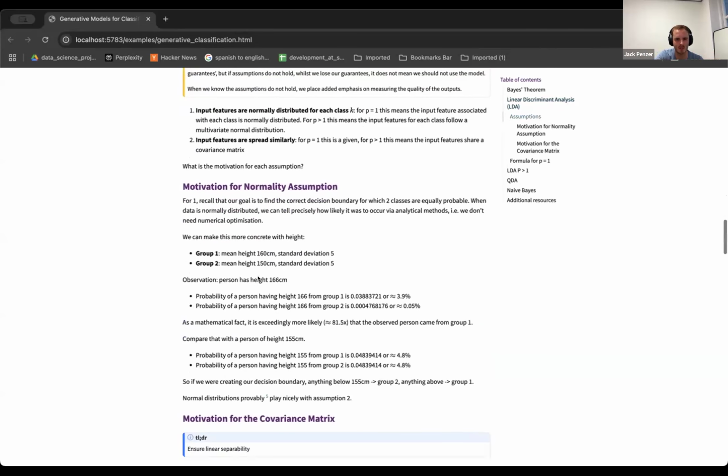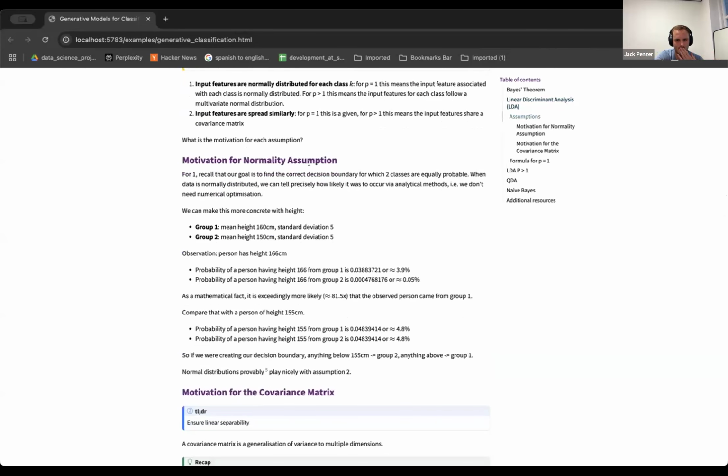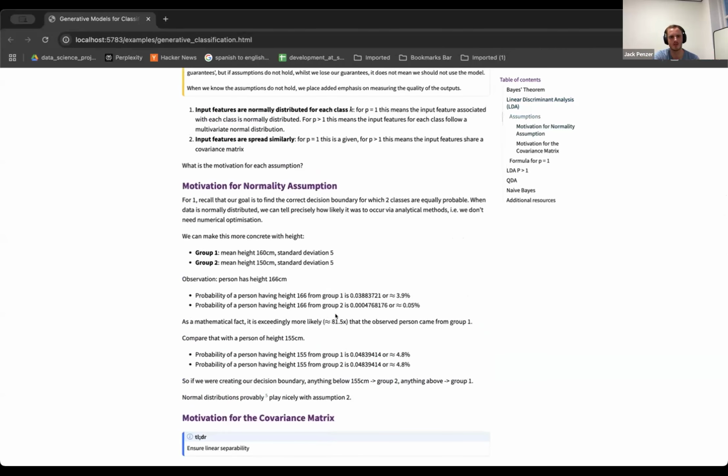Okay, so I wanted to motivate the normality assumption and the covariance matrix. The reason it's much quicker computationally if you assume a normal distribution is that you can solve things very fast analytically. You need to know the mean and the standard deviation. If you know that, you can get the exact probability that an observation came from one group or the other.